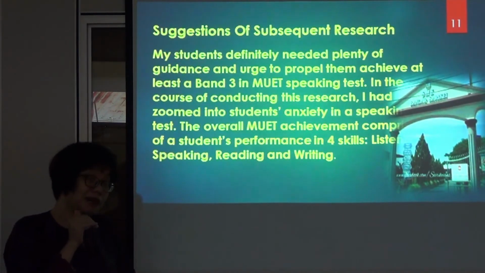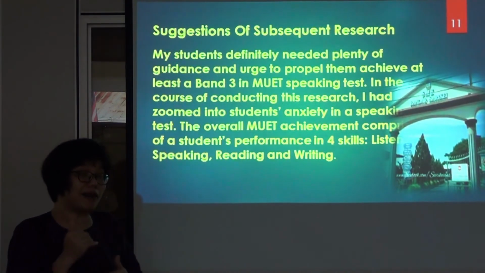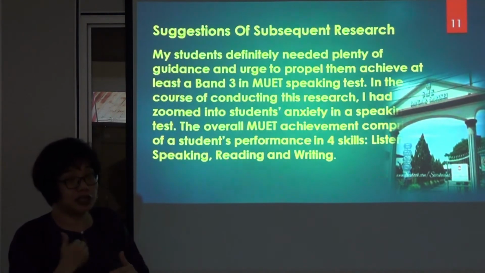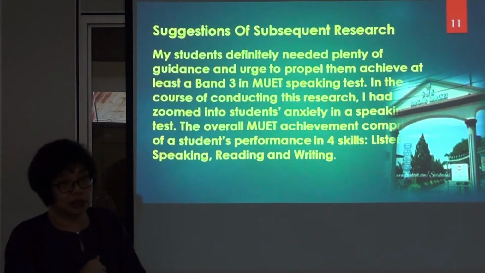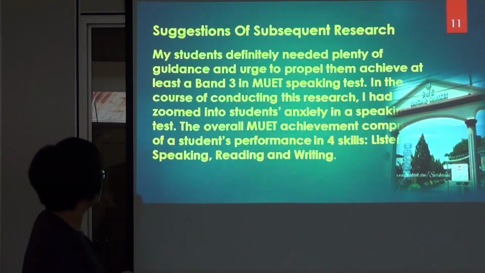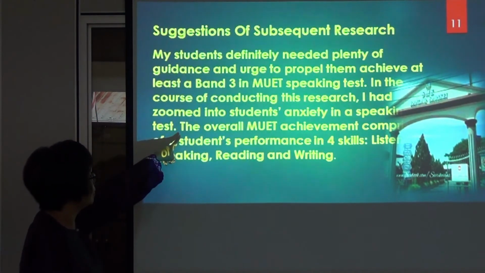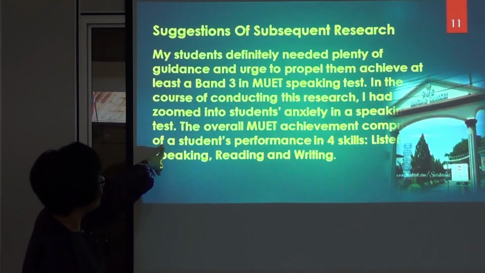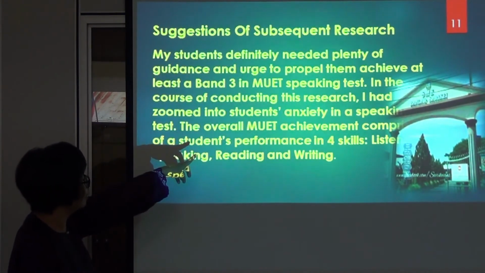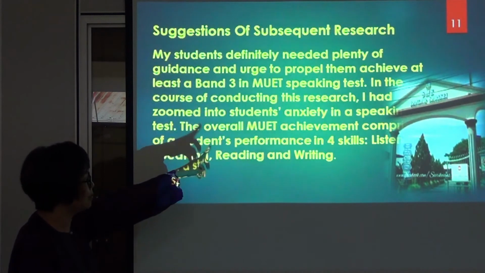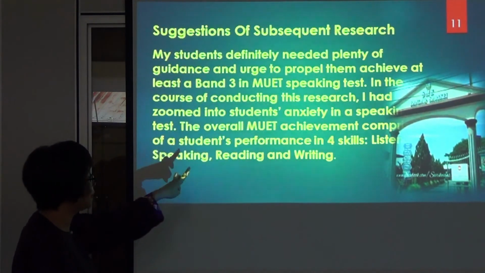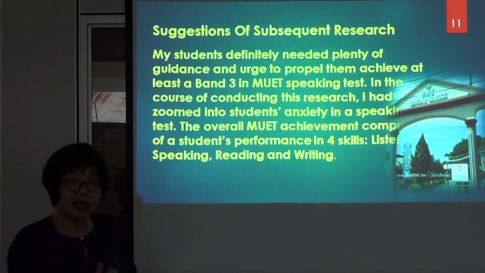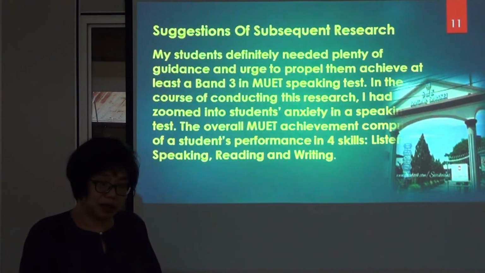Those are the different types of anxiety that I've mentioned and also discussed in depth in my research. The overall MUET achievement comprises students' performance in 4 skills: listening, speaking, reading, and writing. This is just for your information.